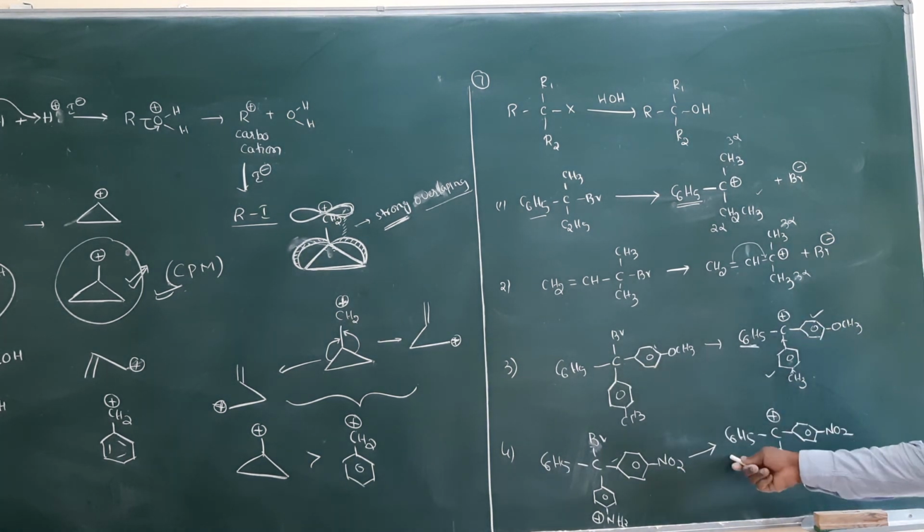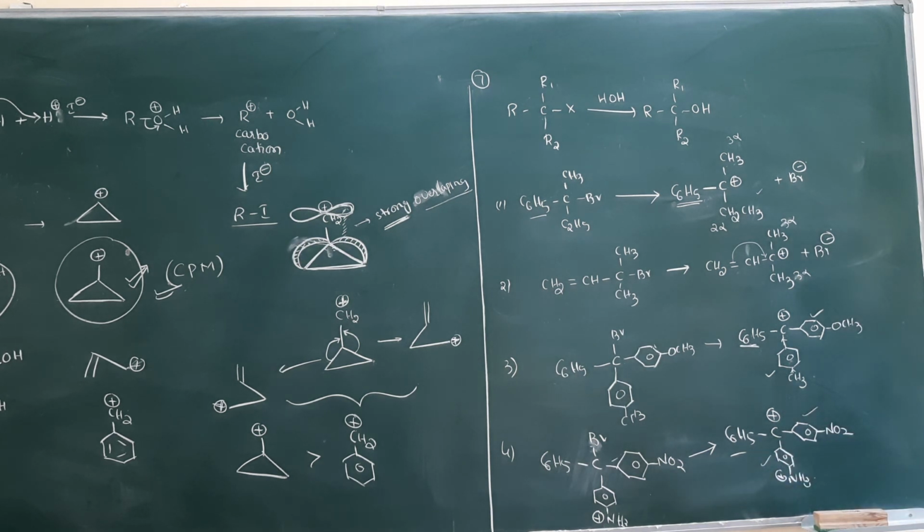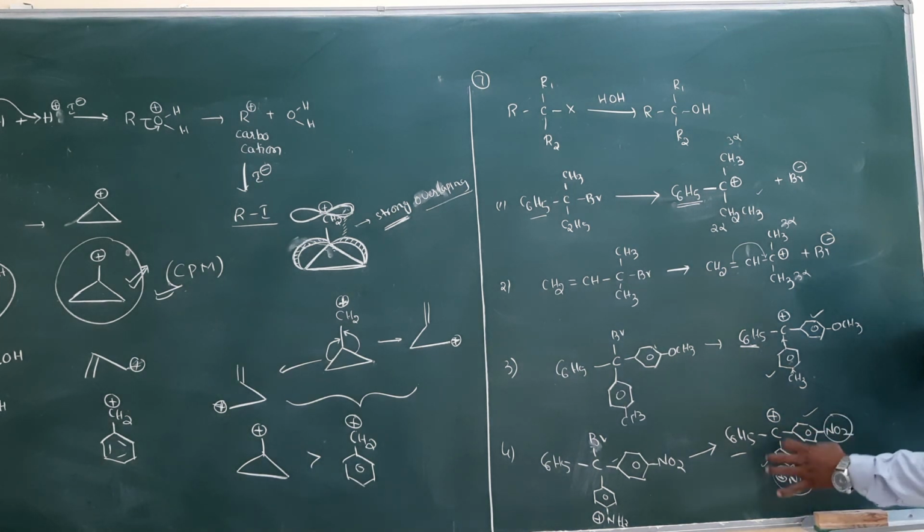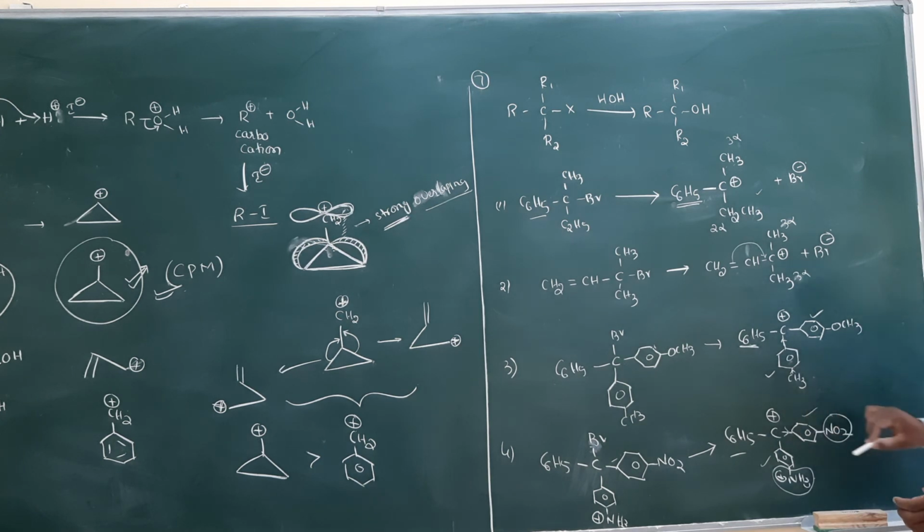And here also 1, 2, 3 resonance structures means 3 benzene rings are there. But here which group is there? NO2 group, highly electron withdrawing group. NH3 plus is also very high compared to NO2, it is a highly electron withdrawing group. When electron withdrawing groups are present on the benzene ring, they withdraw the electrons from the benzene, benzene withdraws the electrons from which one? Carbon.